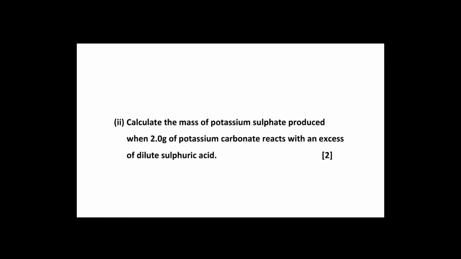Calculate the mass of potassium sulfate produced when 2 grams of potassium carbonate react with an excess of dilute sulfuric acid. My dear learners, here you need to understand me.